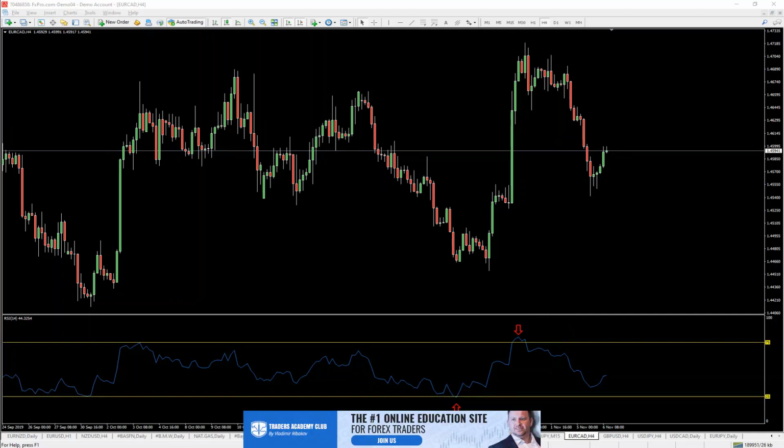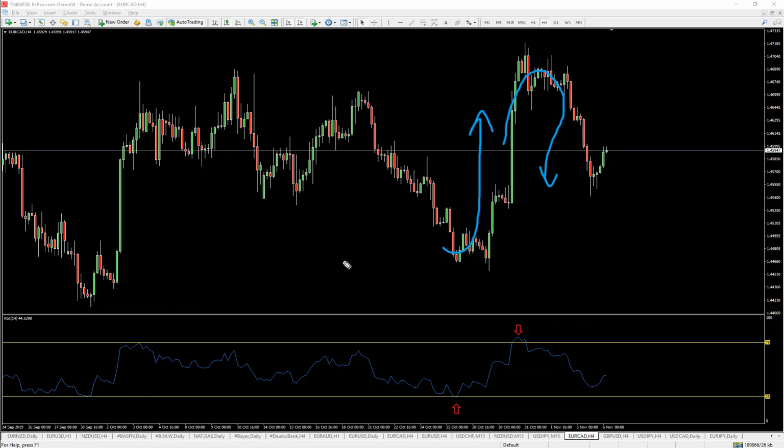So this kind of approach is pretty straightforward. We're basically waiting for the price to cross the specific level, and then we're looking for the price to start moving in the opposite direction. The thing here is, with overbought and oversold conditions, the first thing we need to mention is that it works best inside ranging conditions.